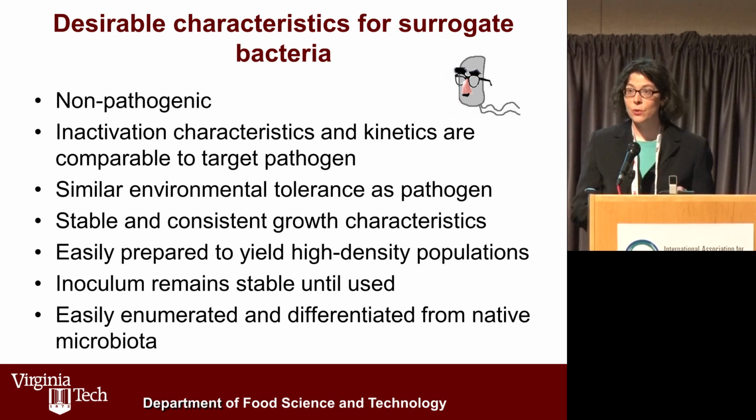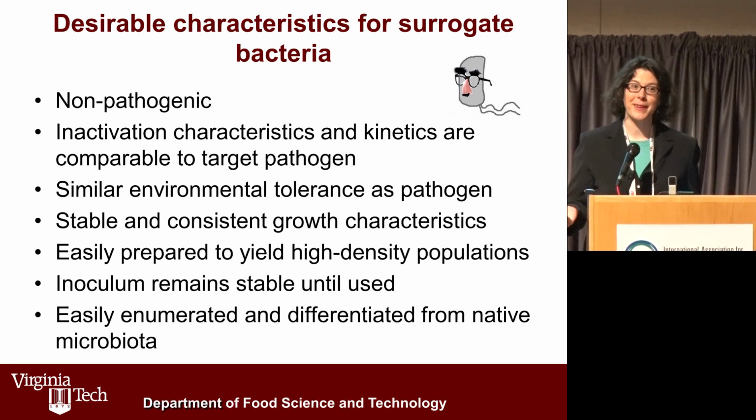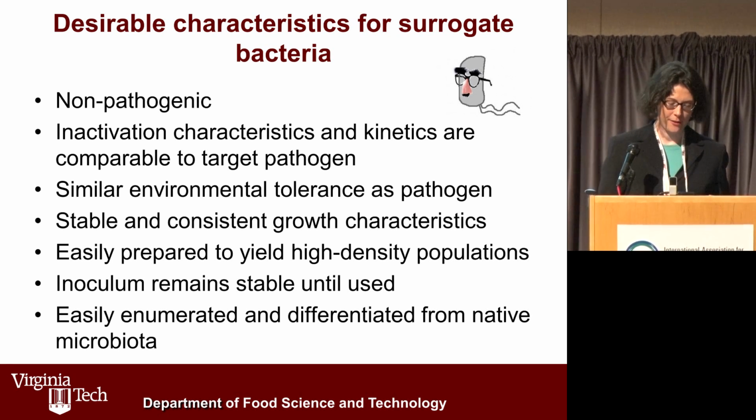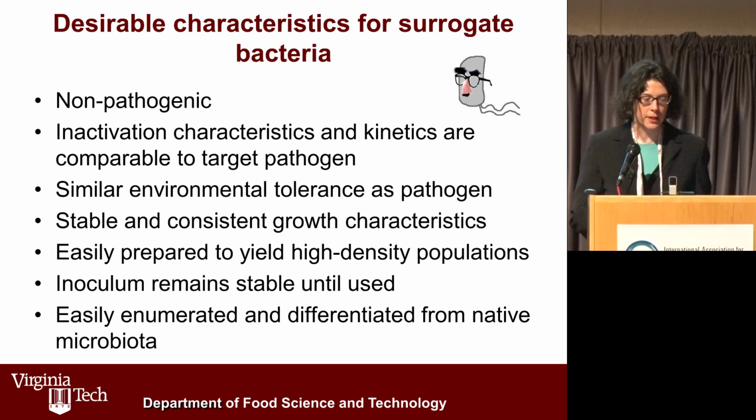If you have a 2-log die-off within the time that it's sitting on the shelf and you don't know that, then it's going to seem like, wow, your process is really effective. In reality, it may just be that they weren't very stable on the product. So you need to know that. And also, you need to take into account that food naturally contains lots of other bacteria.